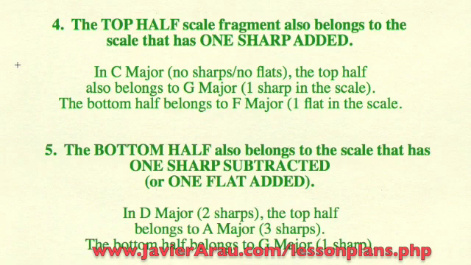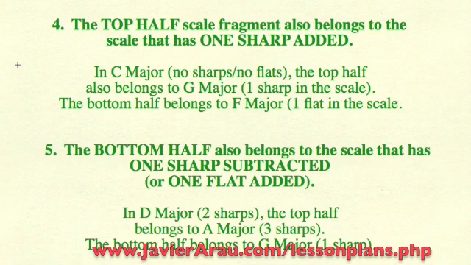The top half of C major is G major, and if you're thinking circle of fifths, because this does totally relate to the circle of fifths, you get 1 sharp in G major. So the top half of C major belongs to another scale where 1 sharp is added.